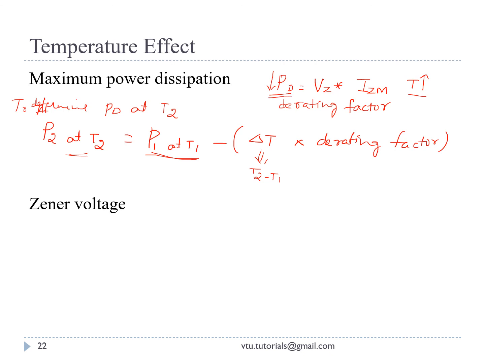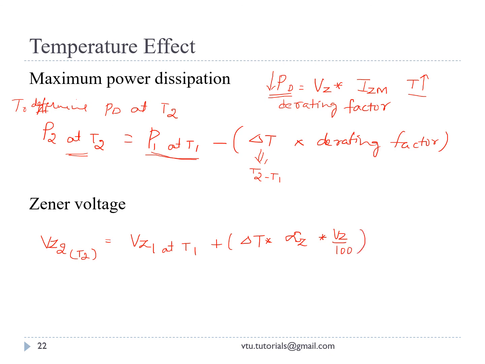Okay. And one more parameter is the Zener voltage. The Zener voltage at any temperature can be determined by using this equation, right? Vz2 at temperature T2 can be determined by knowing Vz1 at temperature T1 plus delta T into alpha Z into Vz divided by 100.